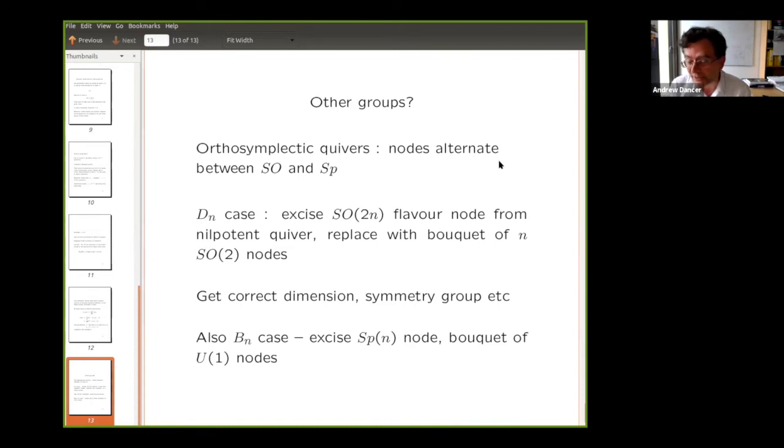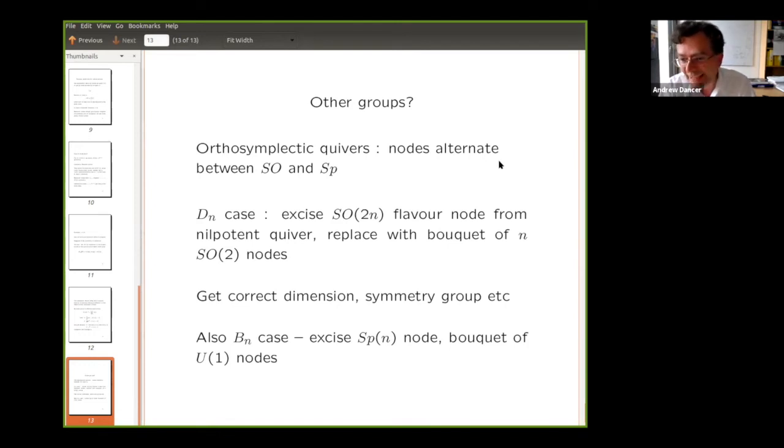Now the balancing conditions change. You have to modify the balancing conditions in the orthogonal case. Basically, for orthosymplectic groups, the equations for the balancing condition shift by +2 or -2. And also the way in which you predict the symmetry group in the Coulomb branch from the graph of balanced nodes changes clearly.